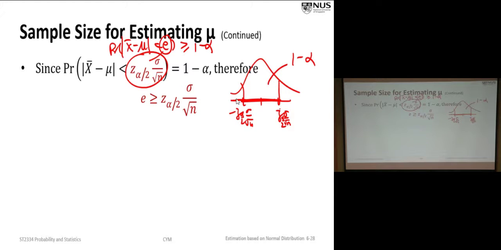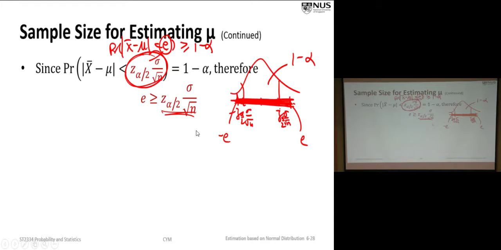So if I take an even bigger interval, from minus e to e, then the probability in this interval must be bigger than 1 minus alpha. I want e to be bigger than this number, so that means the interval from minus e to e is wider than this quantity. So the probability is bigger than 1 minus alpha.